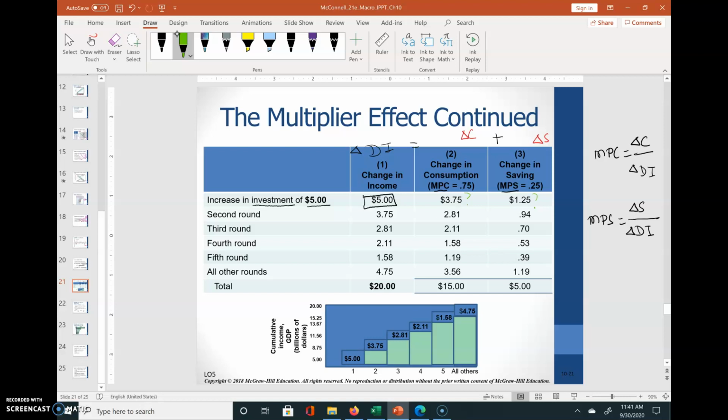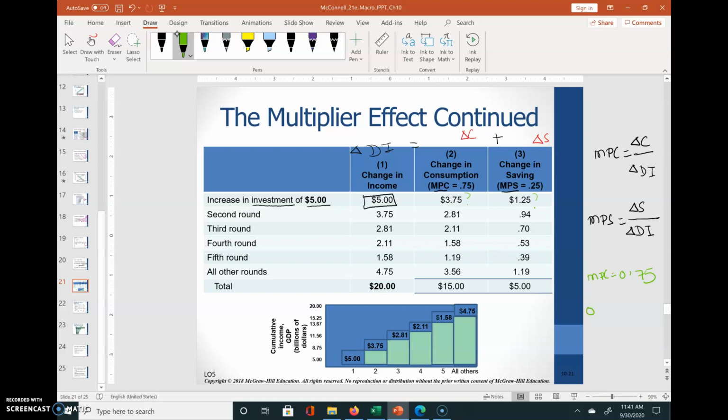My MPC is equal to 0.75. Now I'm going to relate 0.75, 3.75 and 5. And out of this income, which is $5, I'm spending 75% of $5.